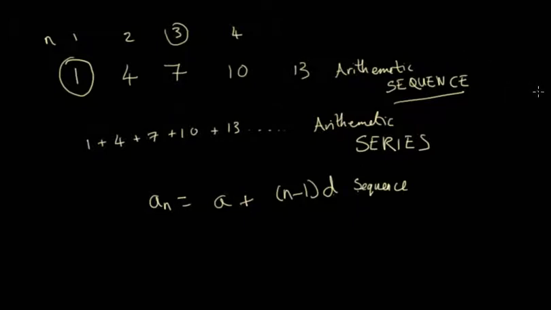Let's write our formula for the arithmetic sequence up here: an equals a plus n minus 1 d.